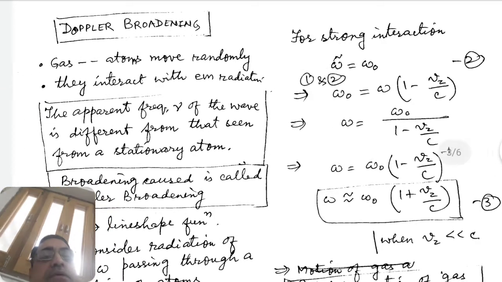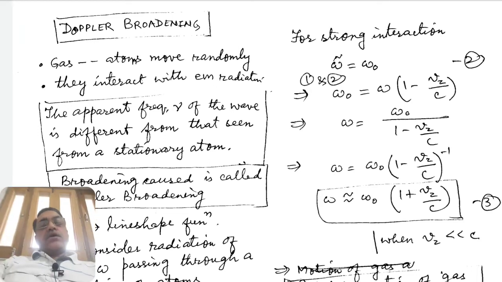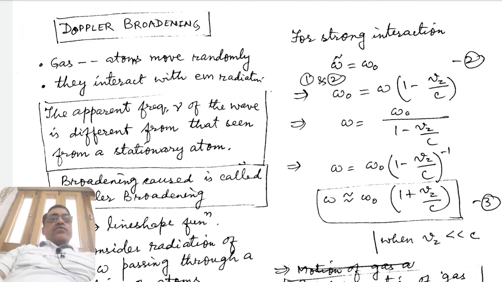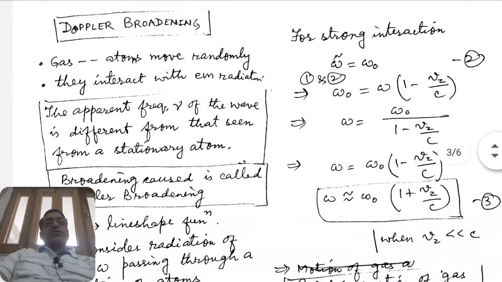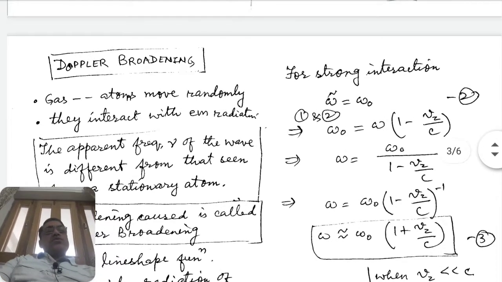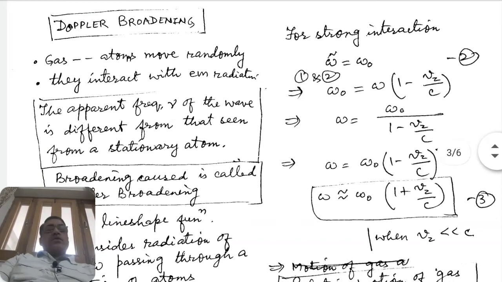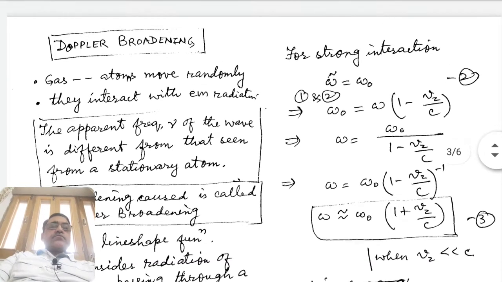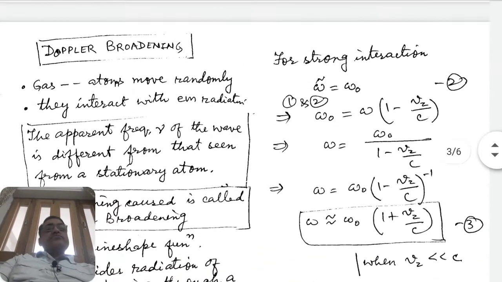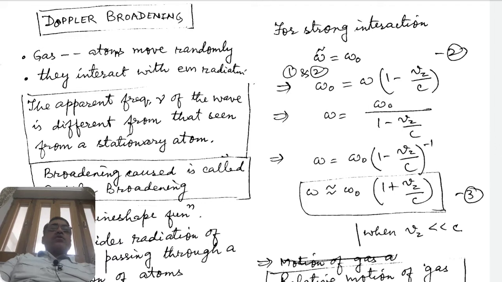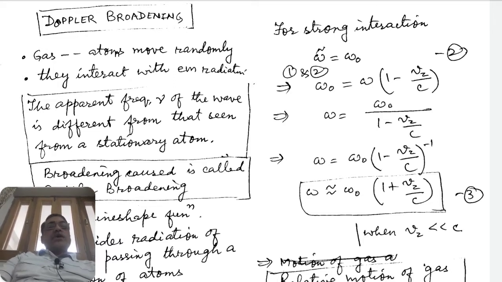As you have studied the Doppler effect in earlier classes, we know that the Doppler effect is due to the relative motion between the source and the observer, or the person who hears it. Now here you know that the gas atoms are continuously moving in a random way, and they interact with the electromagnetic radiation.